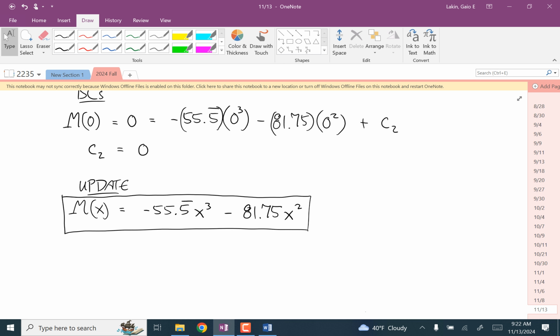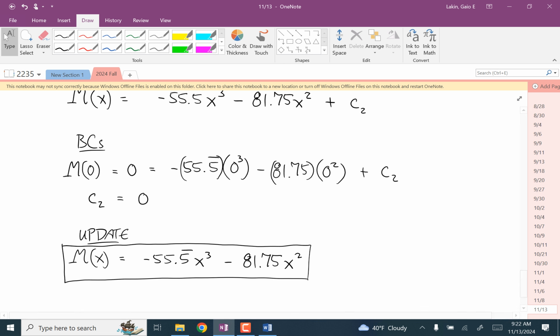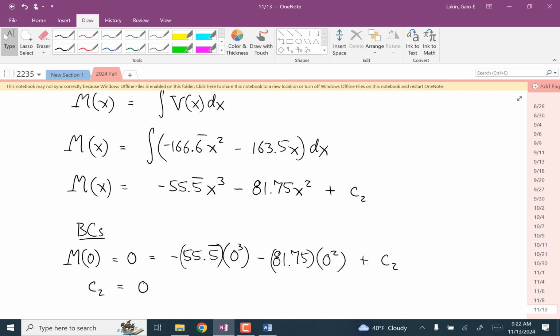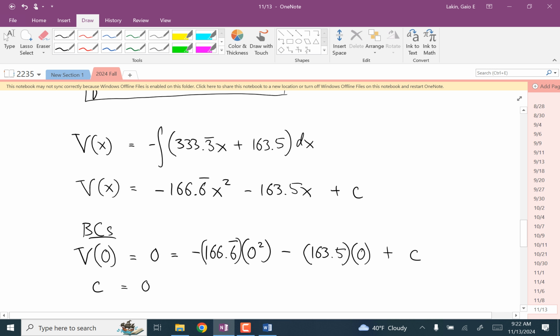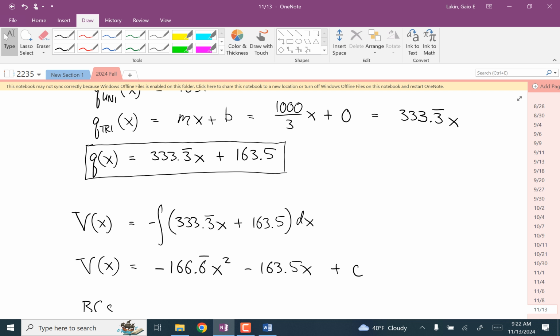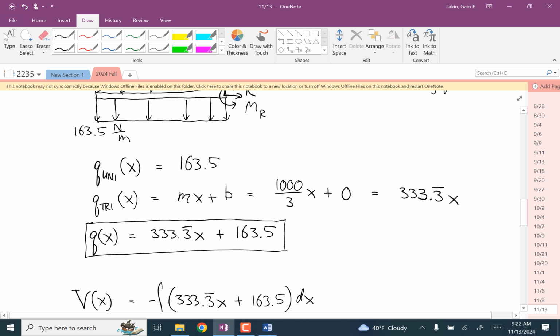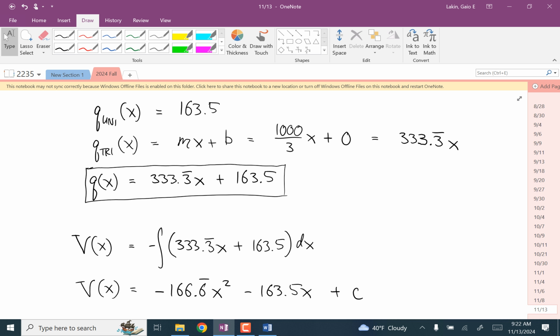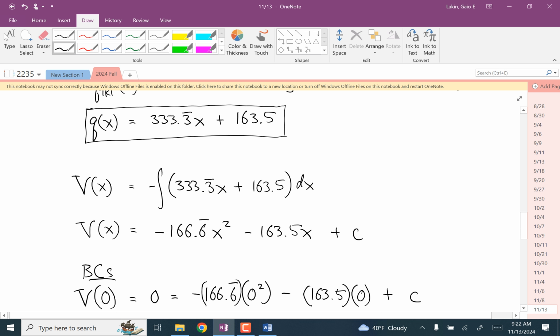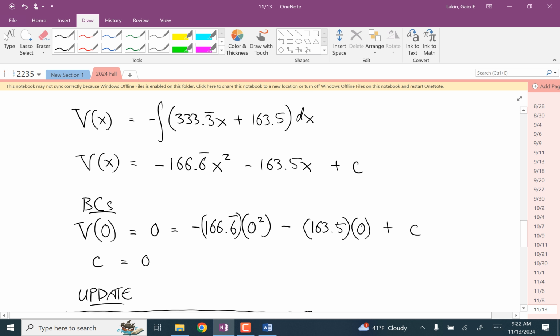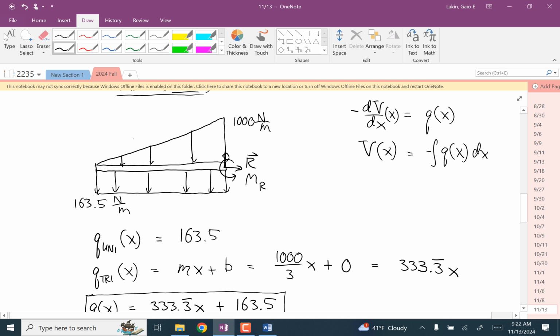And one other thing I wanted to say about these constants of integration. This was easy and fast, and I did one that was easy and fast because I didn't want to waste a lot of time on it. But if you have more than one cut, this gets messier. This was easy because our boundary condition was at x equals 0, and all of our values were equal to 0. If we had a second cut, we would have to match all these things up.